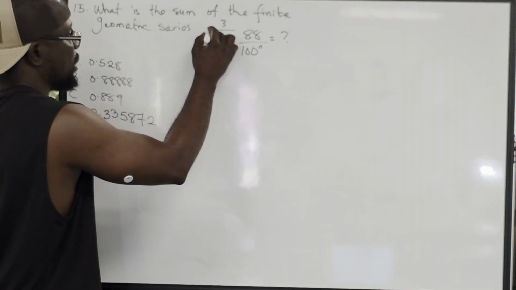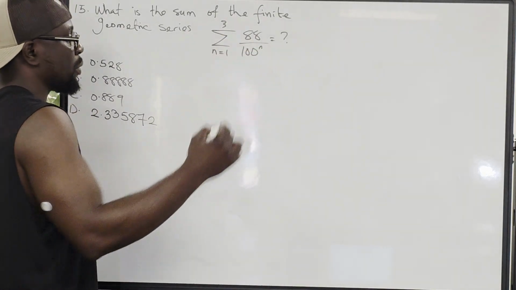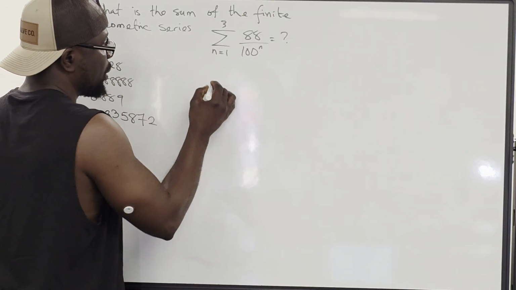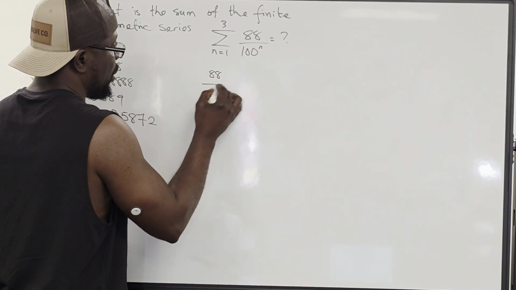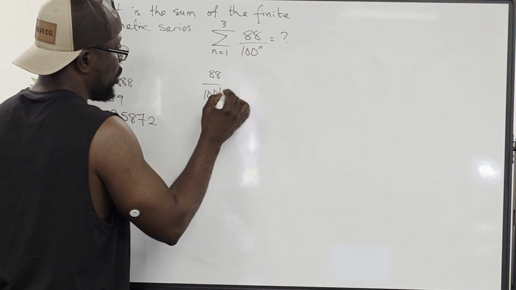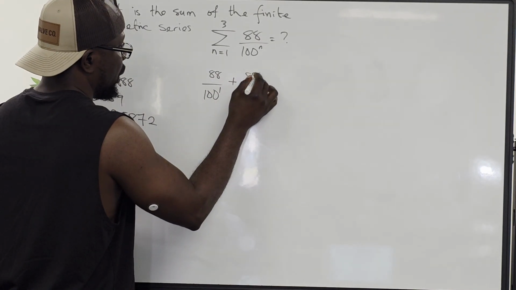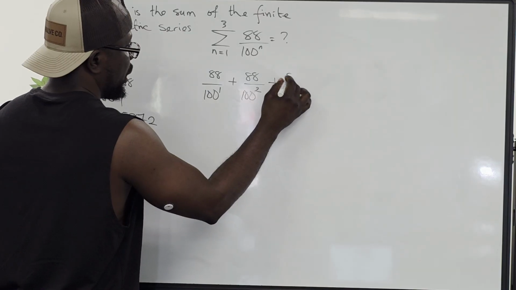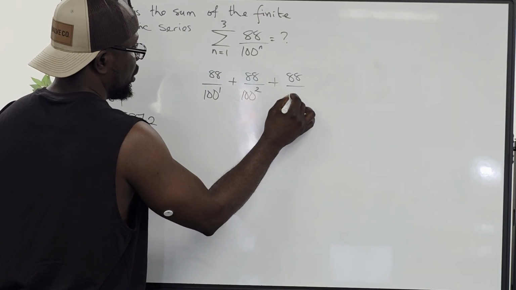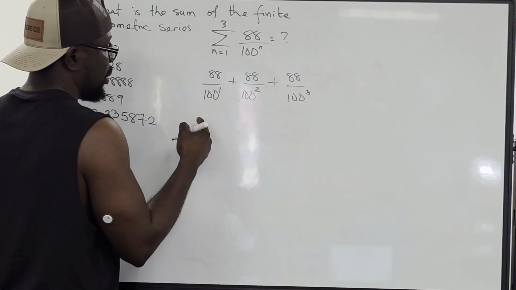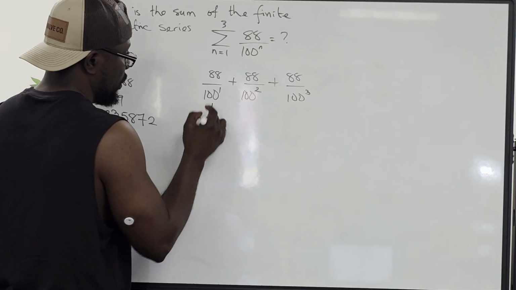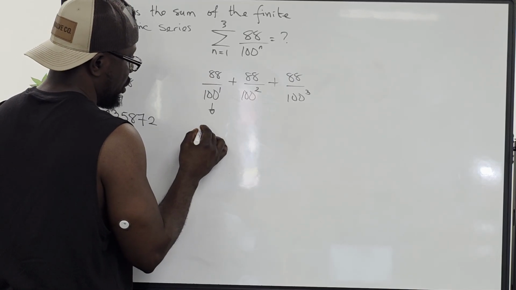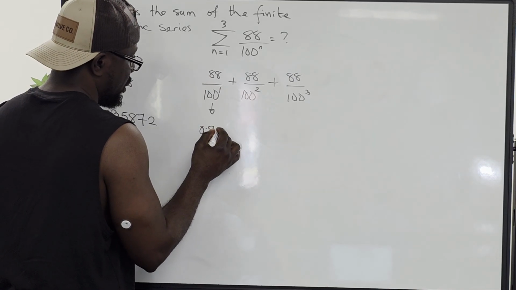This sign is a sign of summation, to add something together. So let's solve this. 88/100 raised to 1, plus 88/100 raised to 2, plus 88/100 raised to 3. For this one, 88/100 is 0.88.